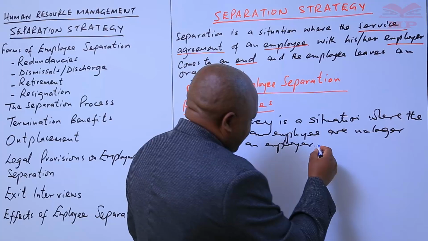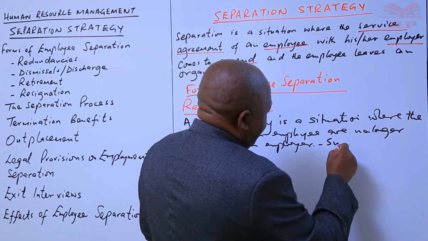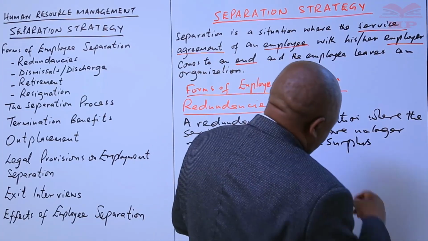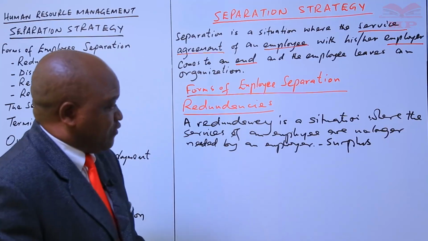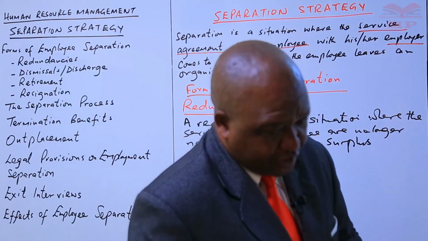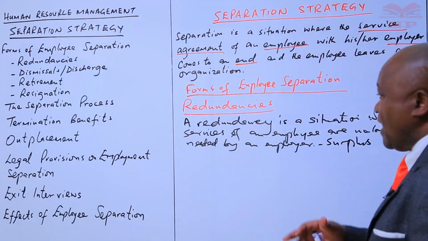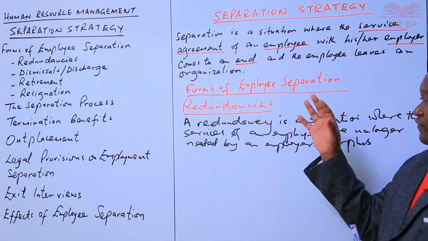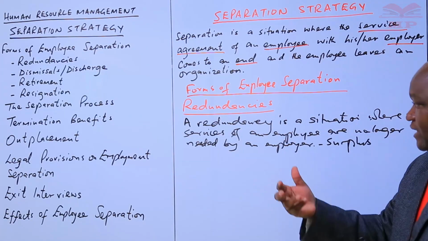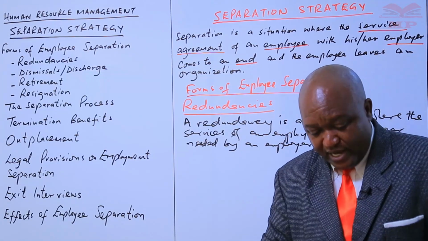So what it simply means, the services have become surplus, or there is less work within that particular work environment. So that is the situation that is referred to as a redundancy. So if it is one, then it is a redundancy. If there are many, then they are redundancies.